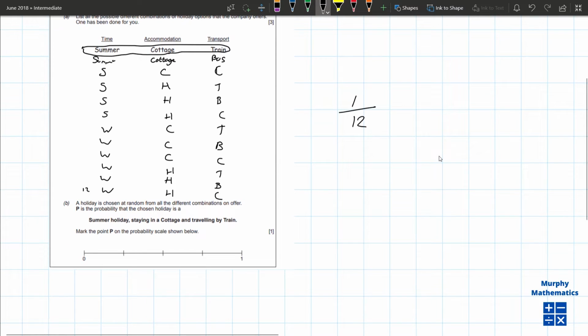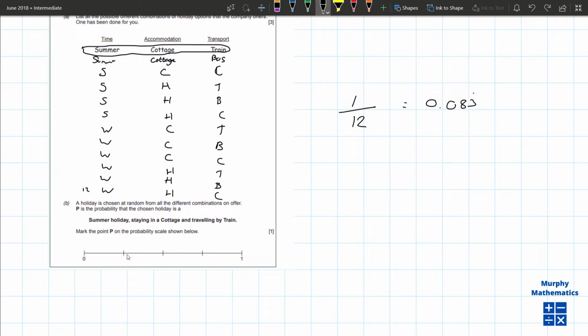We can put 1 in 12 into our calculator. It's a calculator exam, so we may as well use it. 1 divided by 12, as a decimal, is 0.083 recurring.